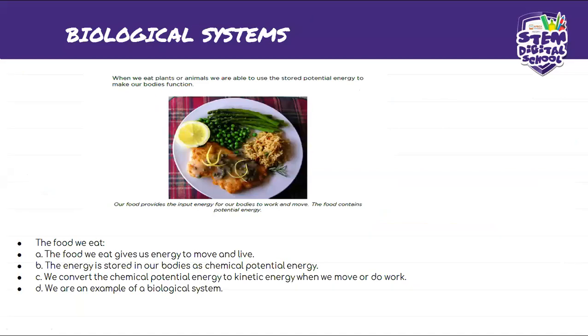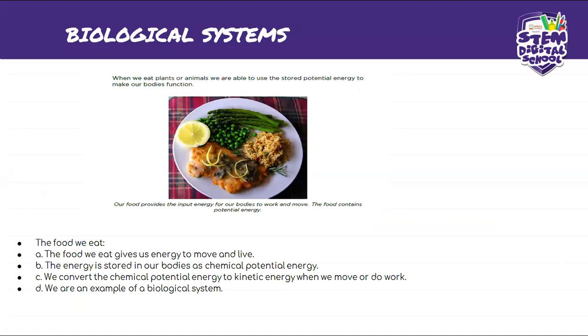Now, this is another example. When we eat plants or animals, we are able to use the stored potential energy to make our bodies function. Our food provides the input energy for our bodies to work and move. The food contains potential energy. Now, so let's look at the following text.